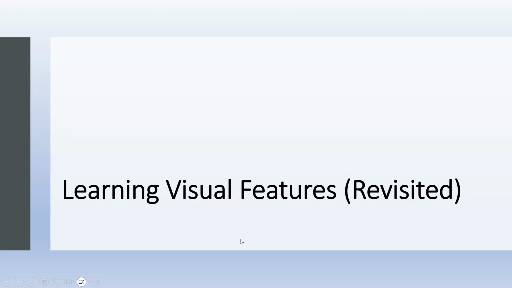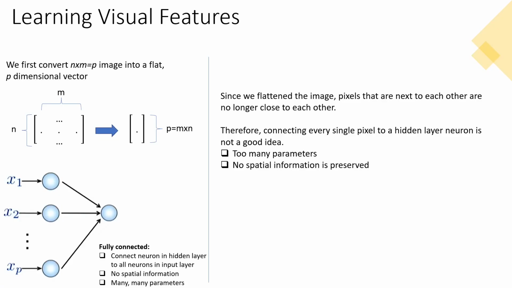So how can we use convolution for convolutional neural networks? Let's try to remember. We said the image is a two-dimensional matrix, and in order to feed this two-dimensional matrix to a neural network, what we could do is convert this two-dimensional matrix into a one-dimensional matrix and then feed all the pixels into neurons.